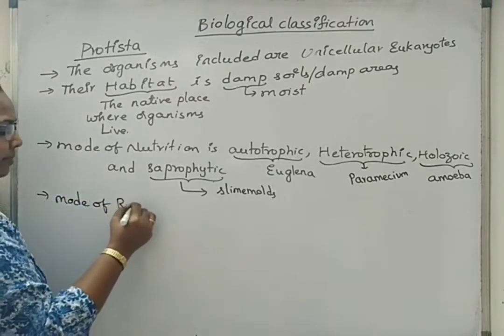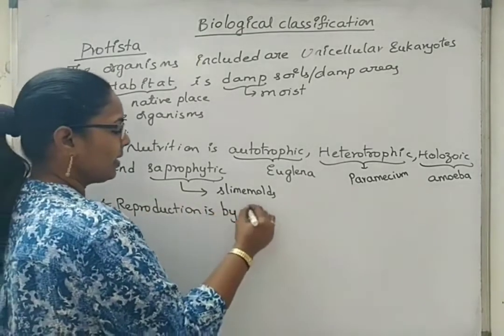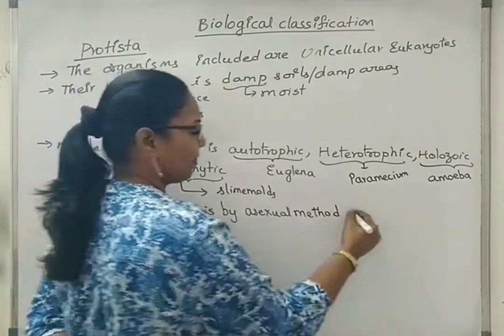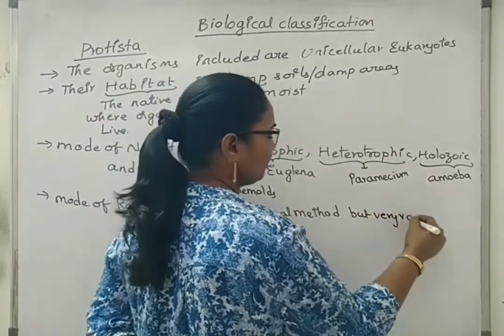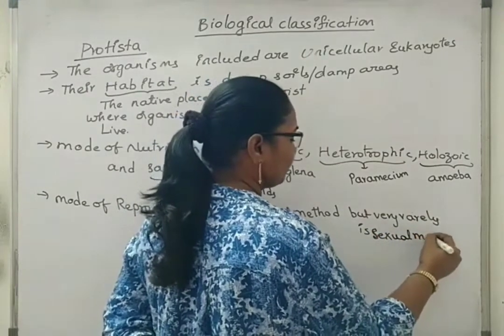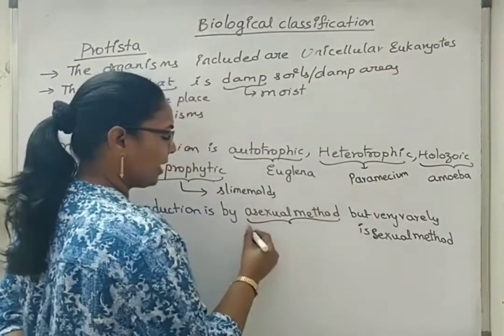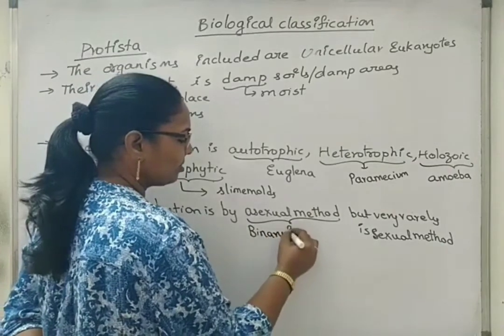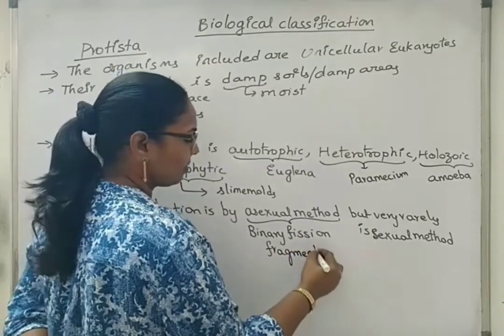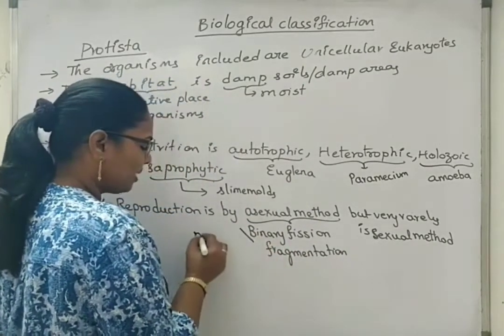Under the asexual method of reproduction, we can take binary fission, fragmentation, and also multiple fission.